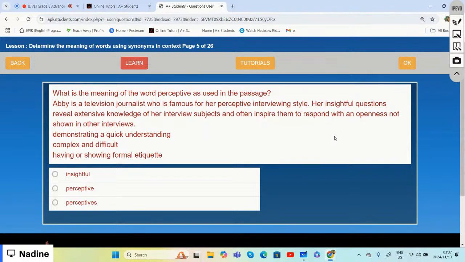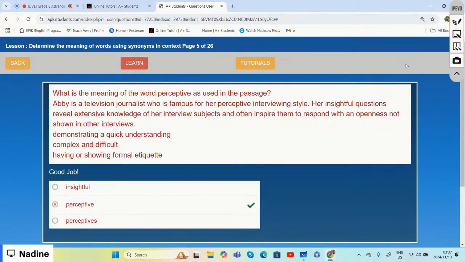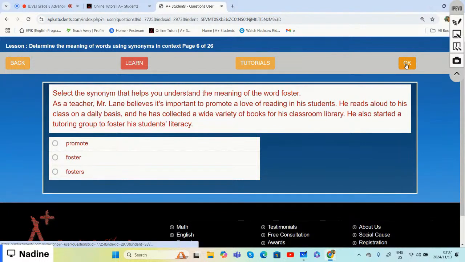The meaning of the word perceptive is a quick understanding, so basically perceptive is insightful, a quick understanding of something. But let us just go with the word perceptive, because I don't know. They want the word again. All right.